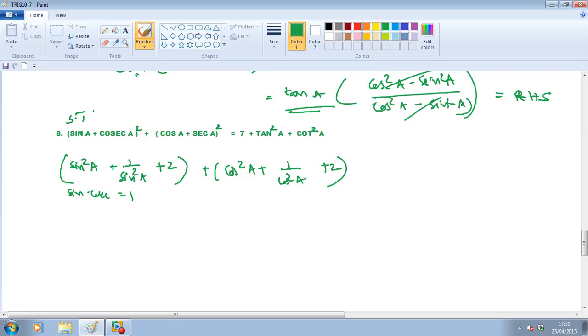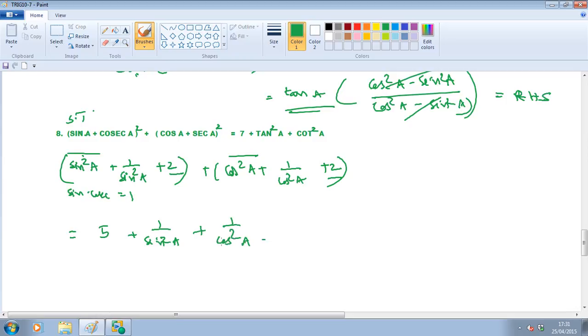So now you take sin square A, and what you got is all plus. This sin square A plus cos square A makes 1. Here you have got 2, 2 plus 2 is 4. So totally 5 is equal to 5 plus 1 by sin square A plus 1 by cos square A.